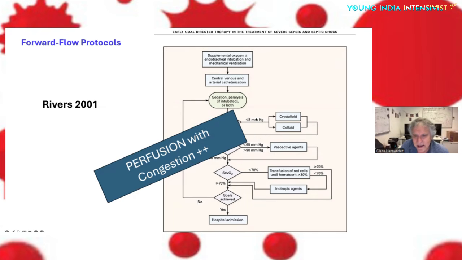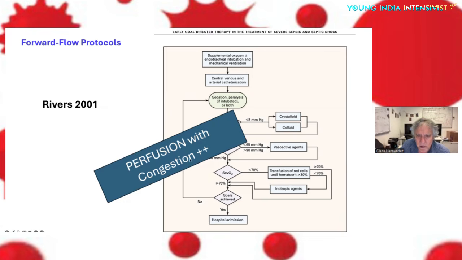For example, artificially increasing CVP to the range of 8 to 12 with fluids to promote better perfusion and better cardiac output. This is totally anti-physiological. Of course, a lot of transfusion, for which the thresholds are absolutely unacceptable, and a lot of fluids.